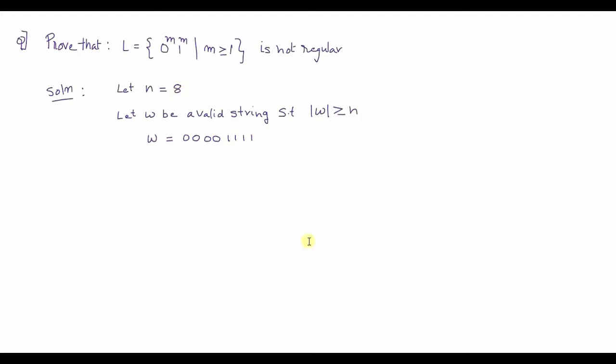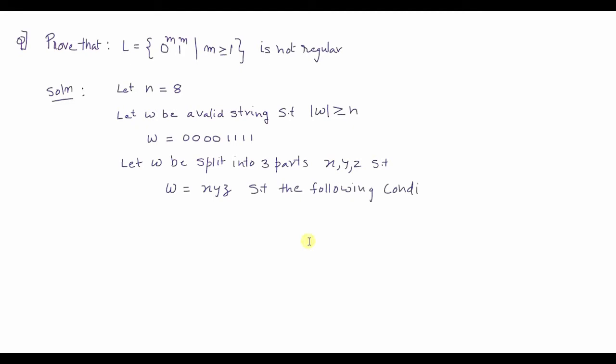Next, let w be split into 3 parts, x, y and z, such that w equals xyz, such that the following conditions are satisfied.